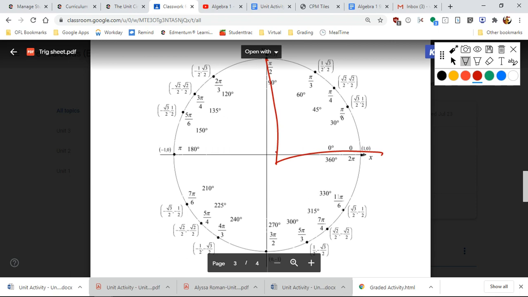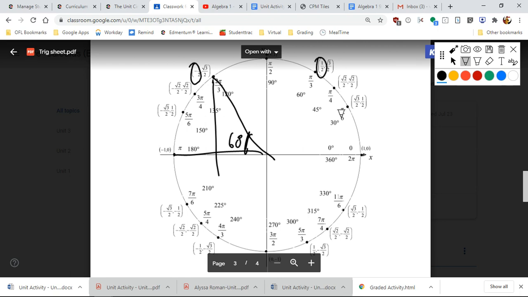If we think about it, any one of these triangles can be repeated. The reason we can repeat it is if we look at it this way, from here to here, this is a 60-degree triangle. That's why, if we look at our coordinates, this x is the same as this x, just one's negative.